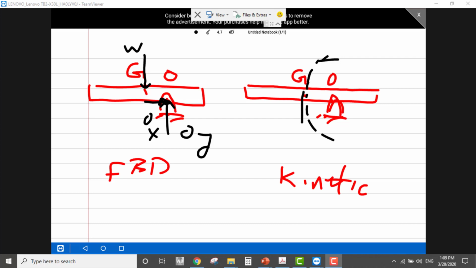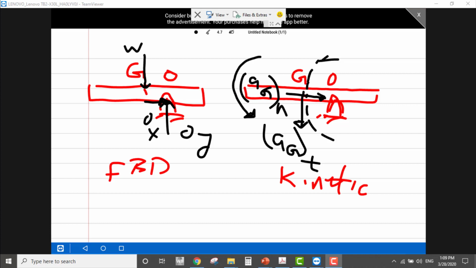We have acceleration in the tangential direction, so this is AG tangential, and we have AG directed toward the fixing point, so this is AG normal. What else do we have on the kinetic diagram? We have IG multiplied by alpha. Okay, very good.